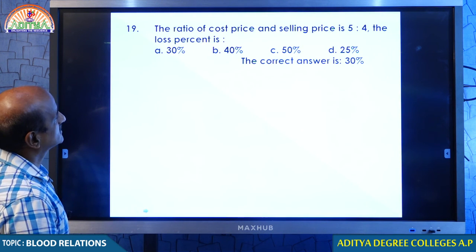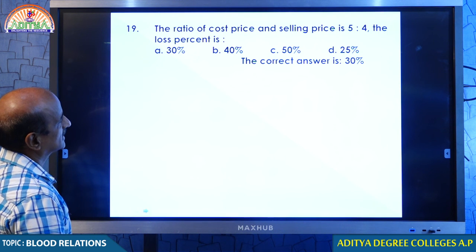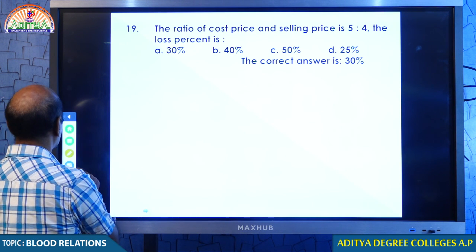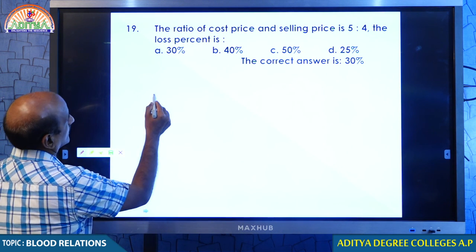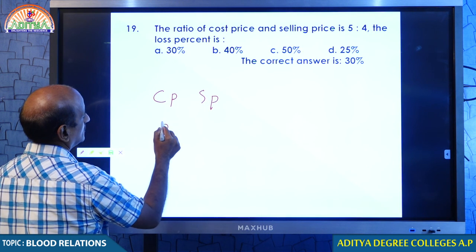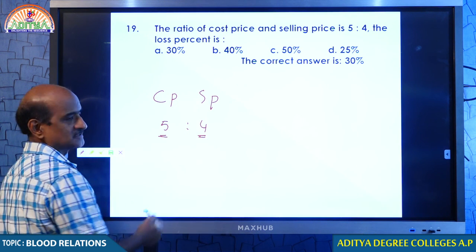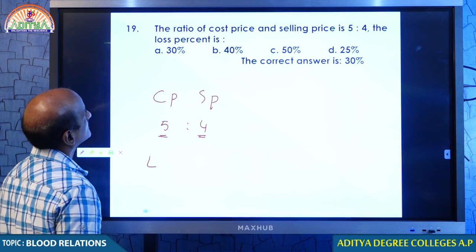Question number 19, my dear students, you can get it. Cost price is 5 rupees, selling price is 4 rupees. Do you understand how to answer this question? Cost and selling prices are in the ratio 5:4. More cost price, less selling price, there is a loss.